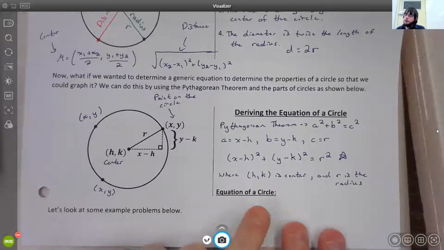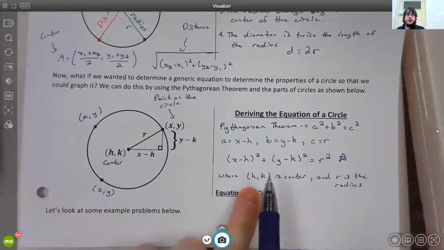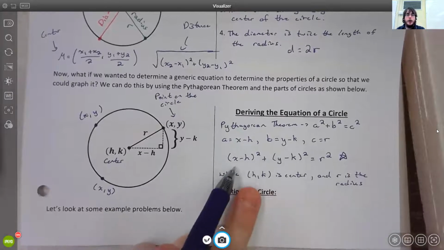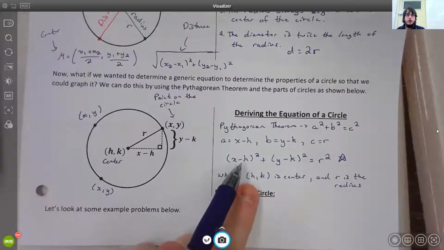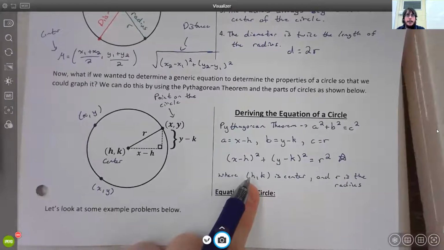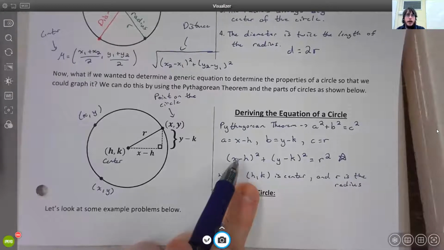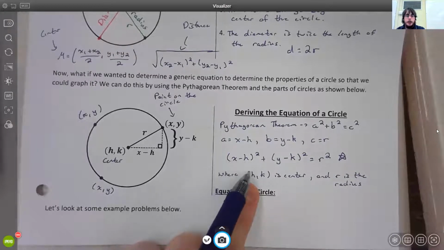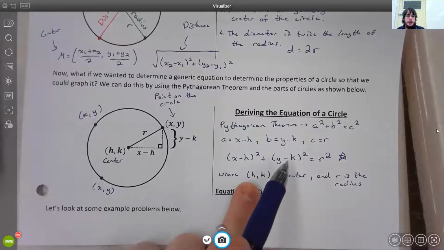Now, I want you to look at the center here and look at your equation that we just found out. The equation has a negative in front of the h, but the center has a positive. That means that your equation and your center have opposite signs. This one's negative, this one's positive. You can see the same thing here with the k's.